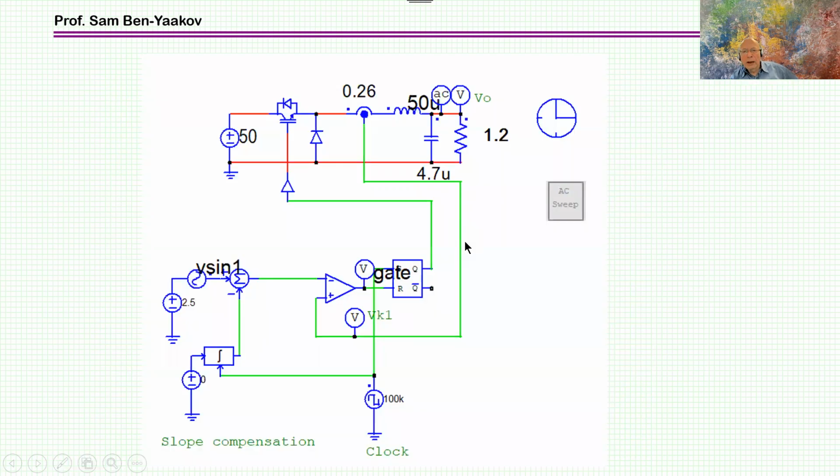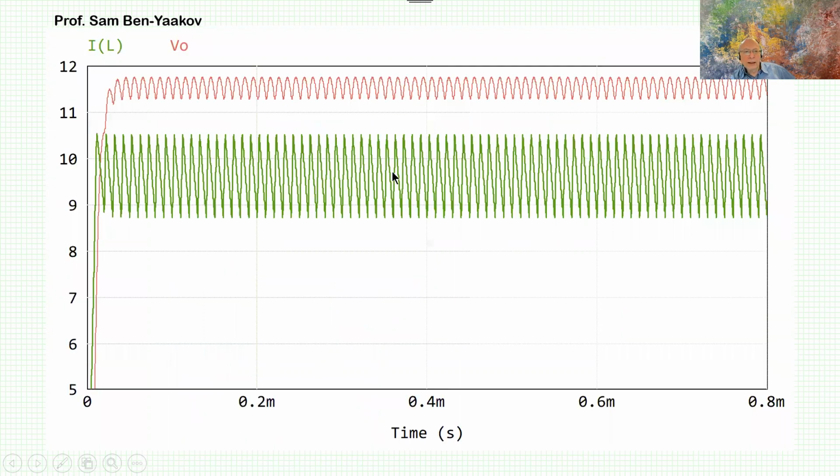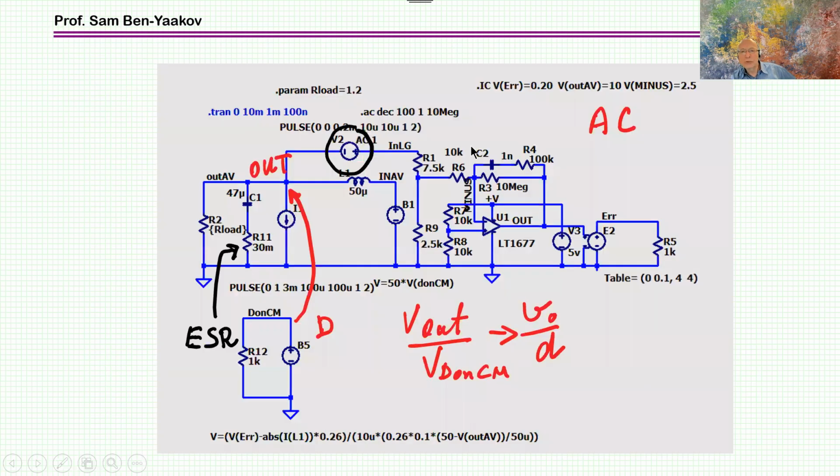The actual current you can get from LTspice, but you certainly get it from PCM, which I understand you are more familiar with. This is a peak current mode implemented in PCM. And in this case, you see the inductor current with a ripple and ripple at the output, which of course you don't see in the average model.